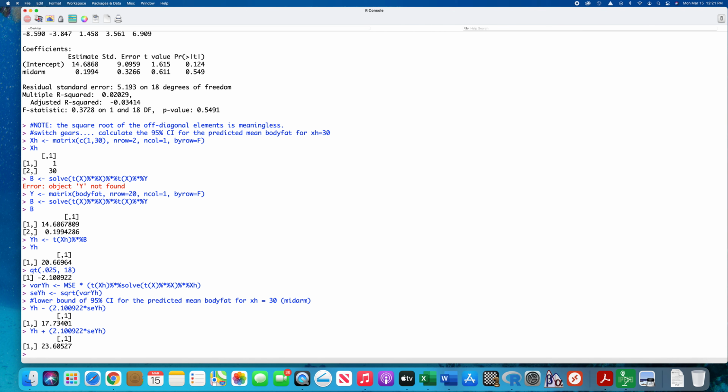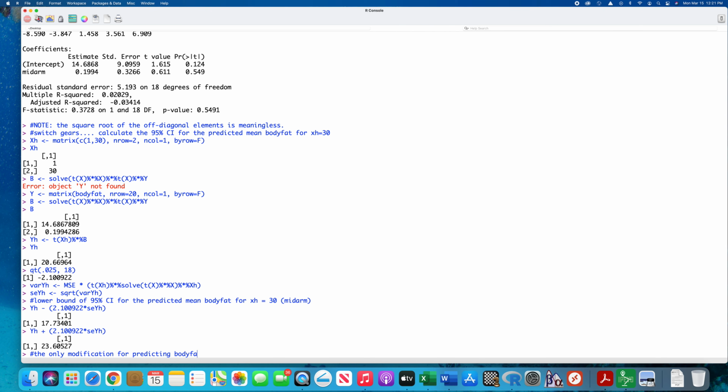So our interval would be 17.7 to 23.6, the predicted value.